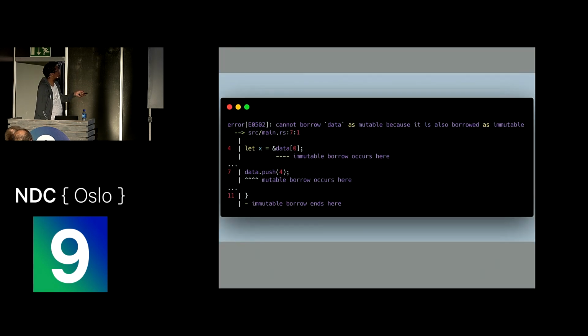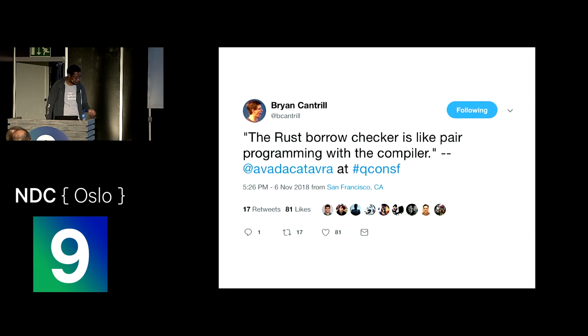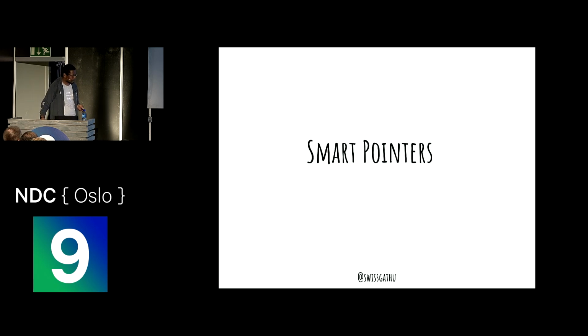So you get this error that says you are borrowing mutably and also borrowing immutably, and we do not allow that. And it actually gives you a really nice error message showing you where you're doing it wrong. Some people have actually thought that the compiler gives you great messages and say it sort of does pair programming with you.